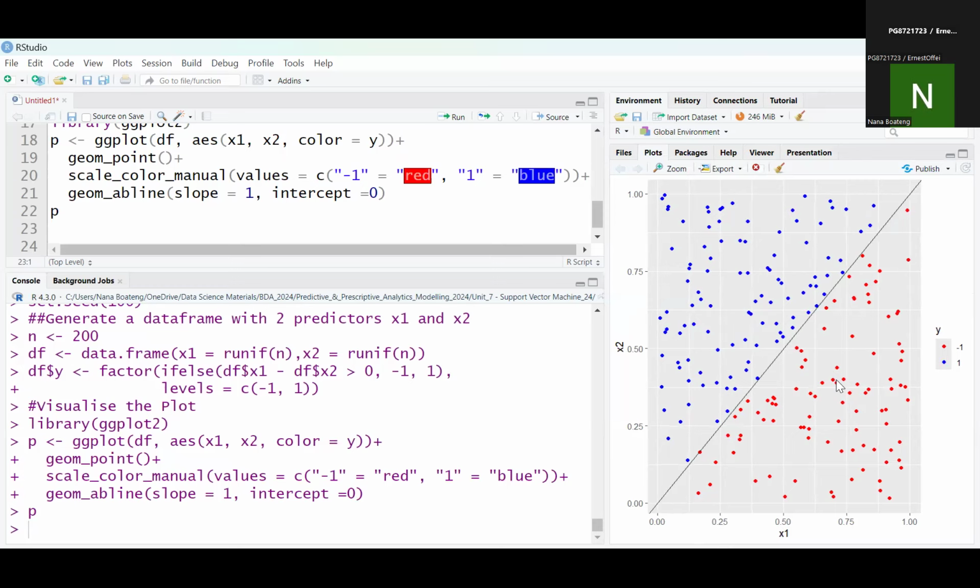Are we getting the same plot? Yes. Now let's create a margin. This one hasn't got a margin. What I'm doing now is just using ggplot to explain, and then we use the support vector machines algorithm also to build a plot.